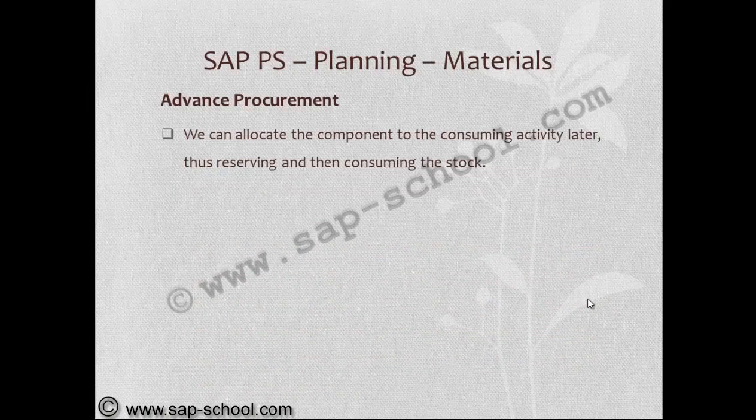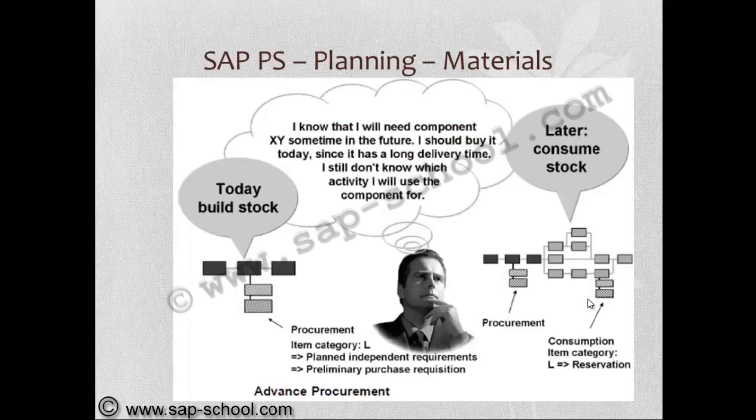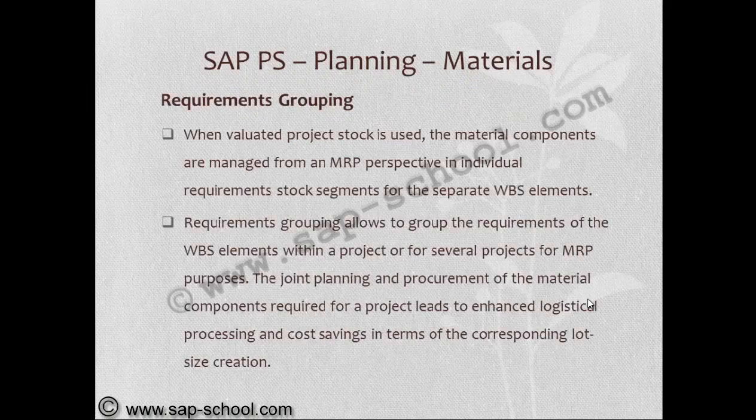We can allocate the component to the consuming activity later, thus reserving and then consuming the stock. So here we build the stock today and later consume the stock. So this is advanced procurement. We are taking care of materials required in the future.